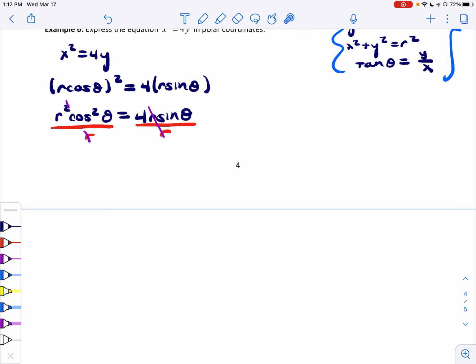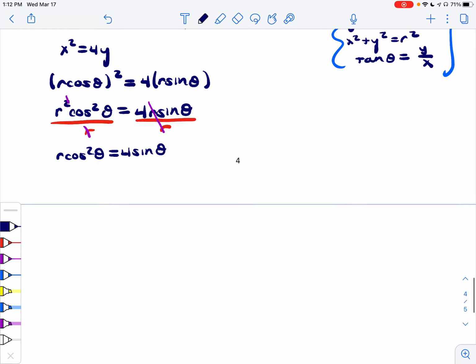All right, now if dividing by the r completely eliminated it from the equation, you wouldn't want to do that. It's simply because we still have an r left on the left-hand side when we do that, that it's okay to divide it out. So we would have r cosine squared of theta is equal to 4 sine of theta.